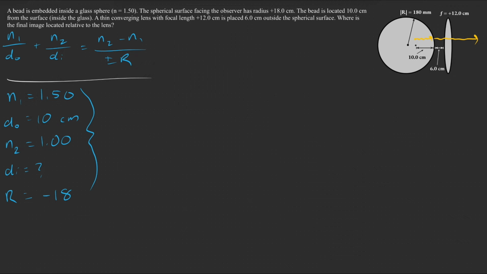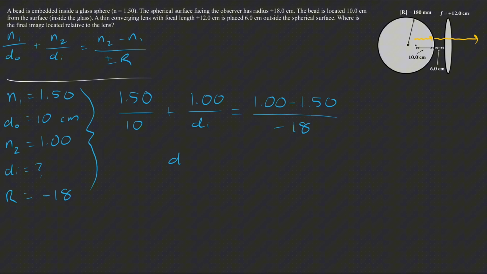So now, plugging in all these values to our equation, we get 1.5 over dO, which is 10, plus 1 over dI is equal to 1 minus 1.5 over our negative value of R. So the image caused by the refracting surface appears, using math, 1 minus 1.5 divided by 18, minus 1.5 divided by 10, inversed.